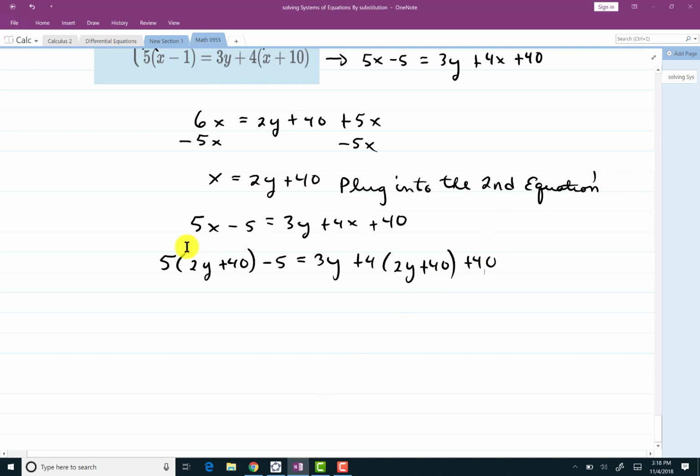And now to figure out y, I'm going to start distributing a bunch of stuff. 5 times 2y will give me 10y. 5 times 40 will give me 200, minus 5. On the other side, I have the 3y just sitting there, but then I have to do this part. 4 times 2y will be 8y, plus 160, plus 40.